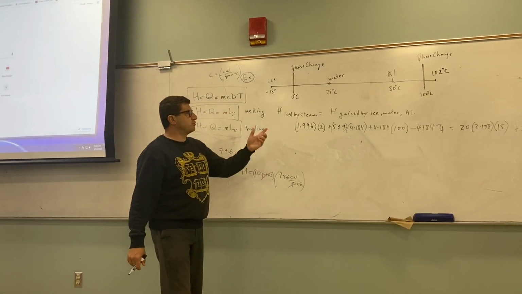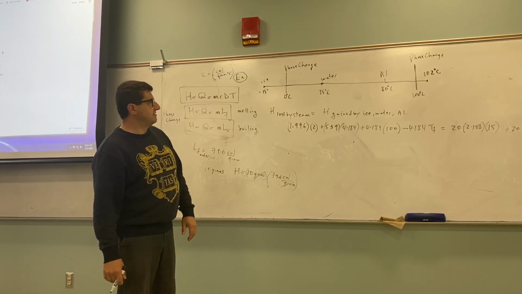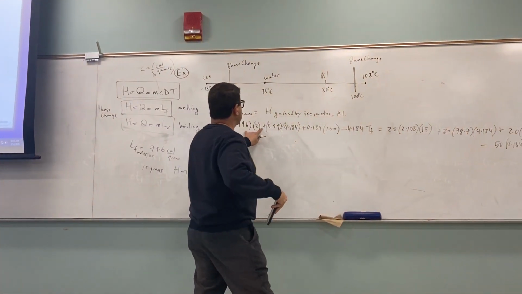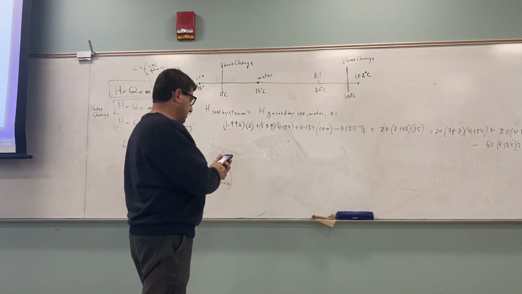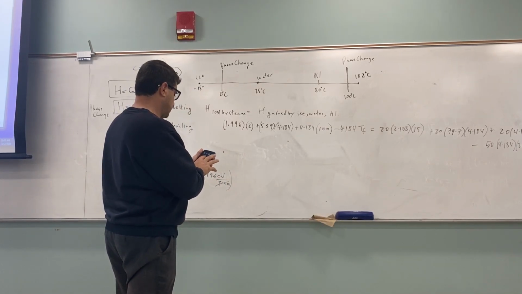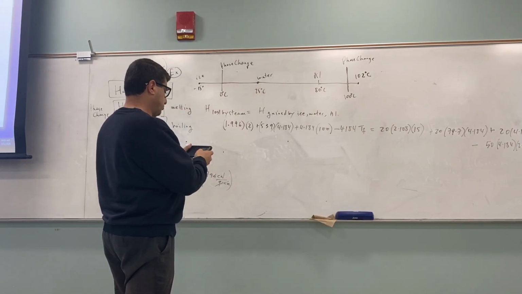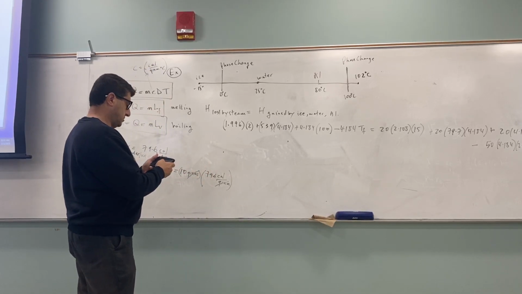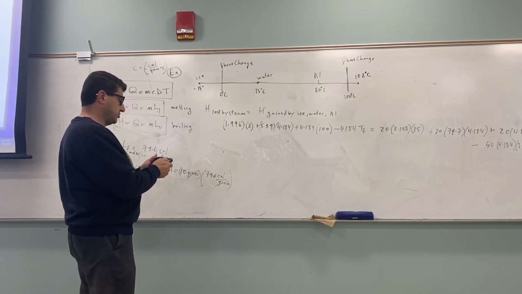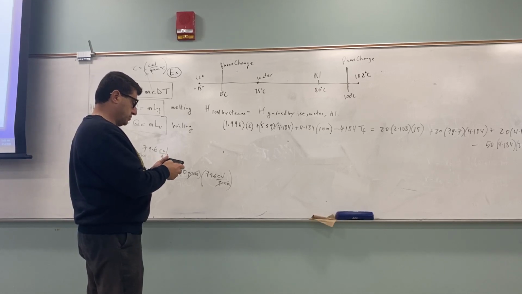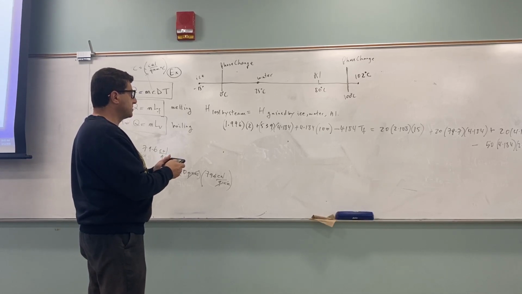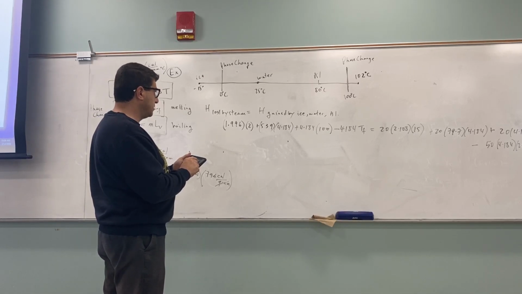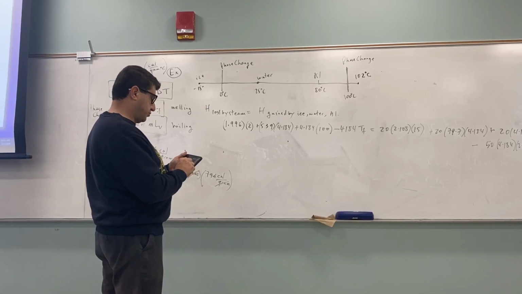Okay, so now after we multiply all this out, let's see, what do we get here? Maybe what we could do is combine like terms, anything that doesn't have T in it. 1.996 times 2 plus 539 times 4.184 plus 418.4.